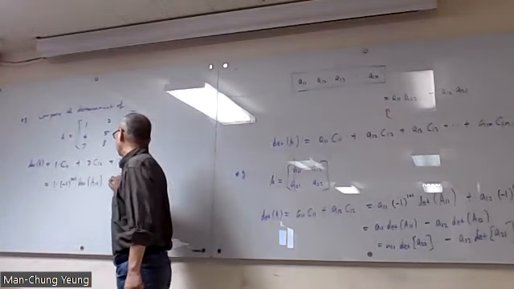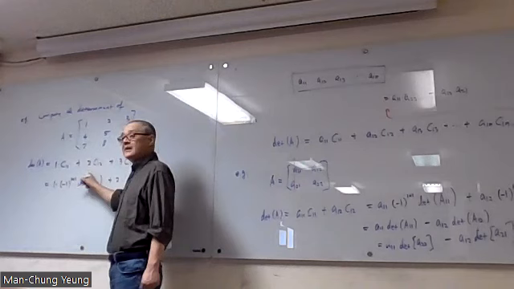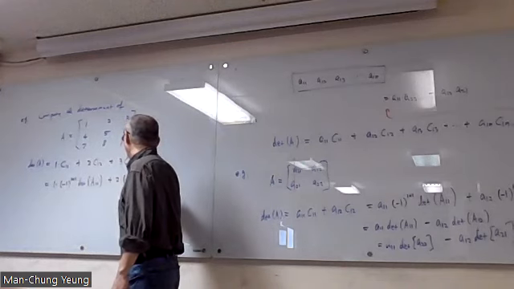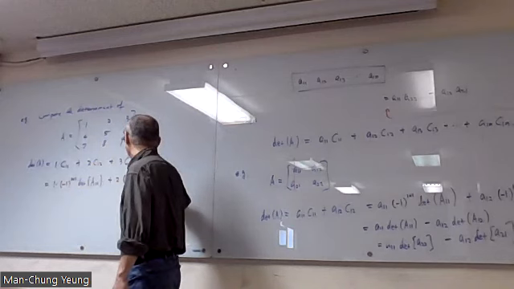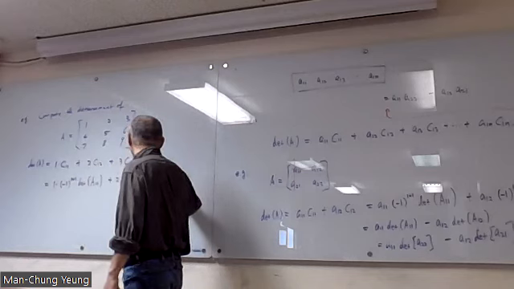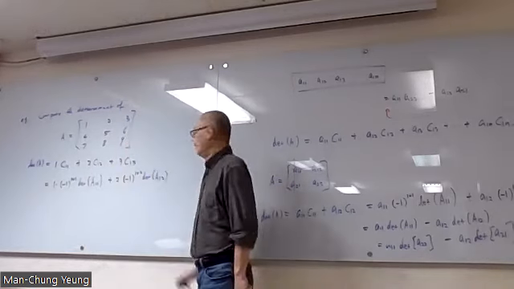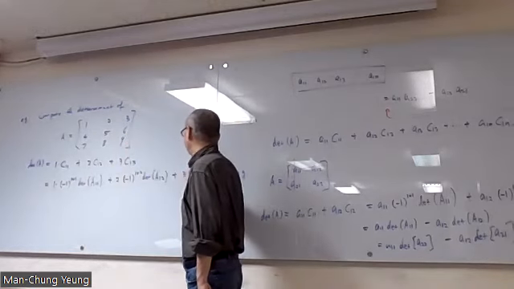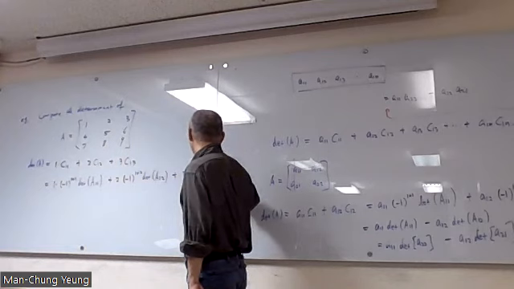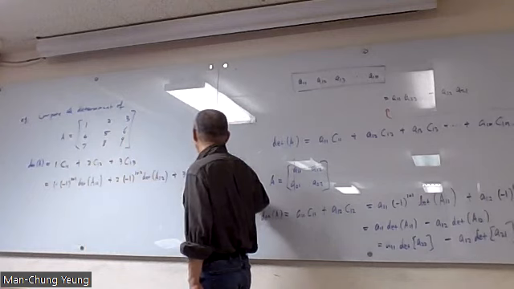Then plus 2 times C12, (-1) to 1 plus 2, determinant of capital A12. And then plus number 3, (-1) to 1 plus 3, determinant A13, right?